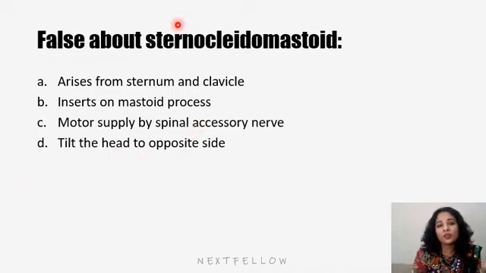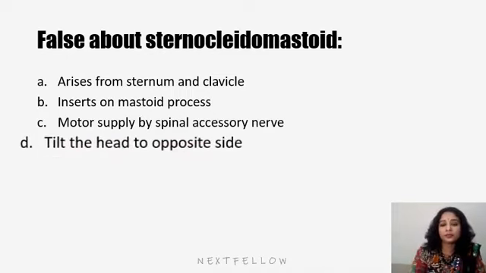Regarding its action, it helps tilt the head towards the same side and turns the chin towards the opposite side. So the false statement is this. The true statement is tilt the head towards the same side and chin towards the opposite side.